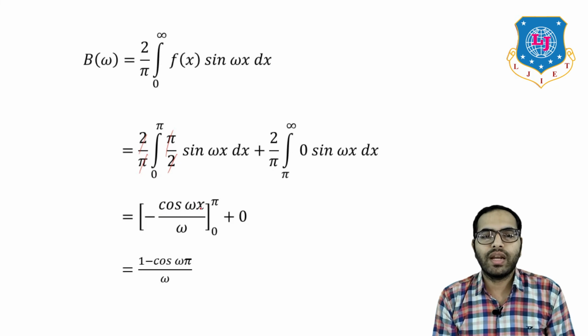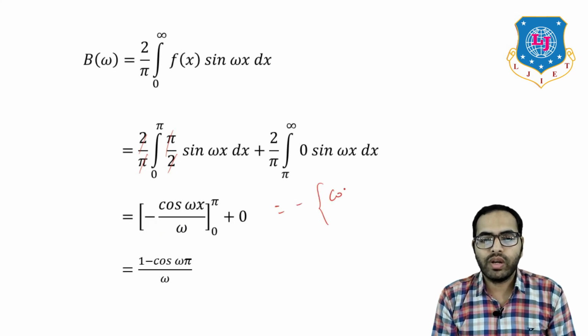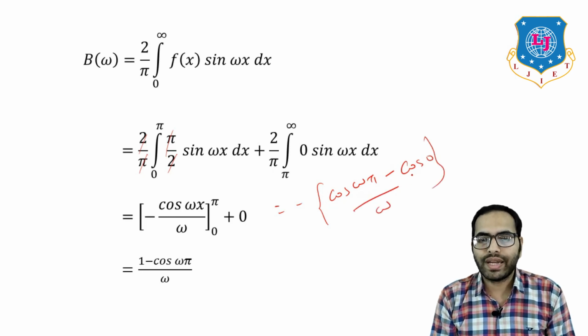The integral of sine is minus cos of omega x upon omega, where x runs from 0 to pi. Applying the limits, upper limit minus lower limit, minus is common, so cos of omega pi minus cos of 0 upon omega. Cos 0 is 1 and the minus sign comes inside, so 1 minus cos of omega pi upon omega is the value of b of omega.